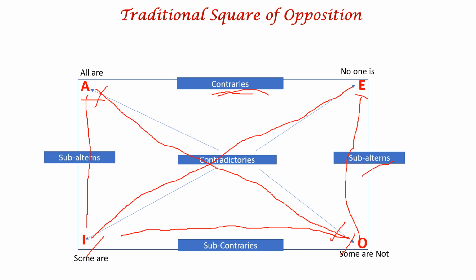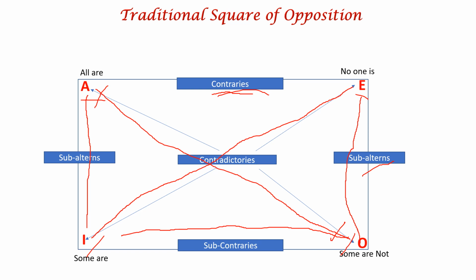And coming to the relationship subcontrary. This relationship exists between the I and O type, subcontrary. What does it mean? This means they cannot be false together, but they can be true together.